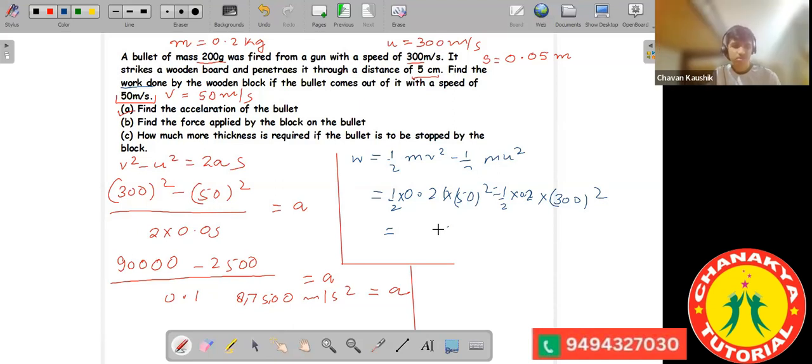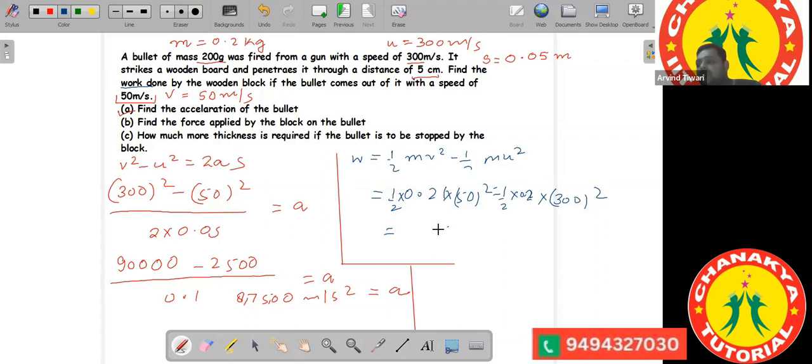So remember, always everywhere you have to use the SI system of units. After you have used the SI system of units, then only you can get the answer. Either you use this formula or you go the way of the previous question, the same thing will happen. Your answers will remain the same.